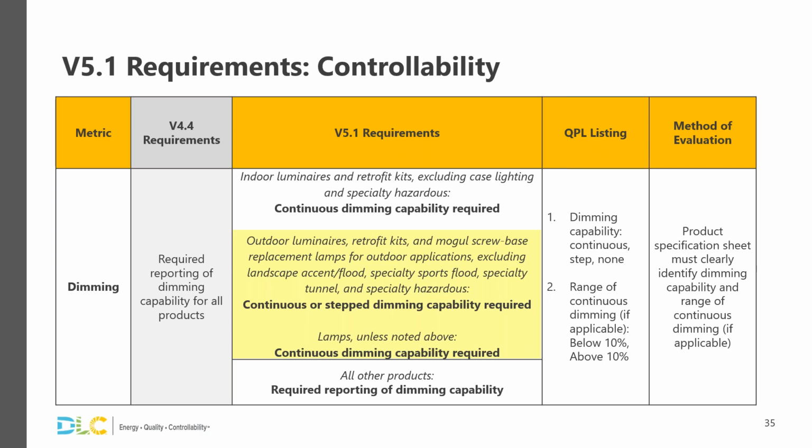And the way it's defined in the policy is that a product is dimmable if it includes a dimmable driver or is capable of being dimmed by an external control signal, and it's identified as being dimmable on the product specification sheet. So it's that two-part requirement that it either has to have a dimmable driver or can be dimmed by an external control signal. And so that latter part is important for products that don't have a driver, like a type B TLED.